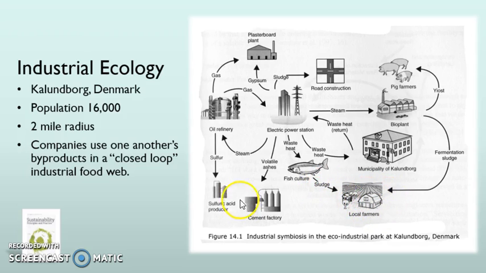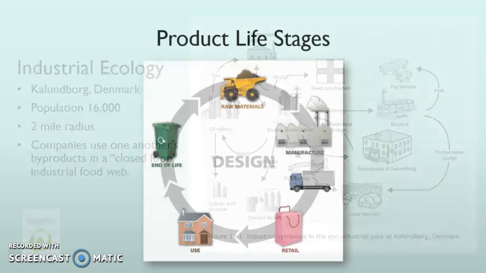So that's kind of interesting. Another relationship you'll see here is that sulfur is a byproduct of oil refining. Instead of letting that into the environment, it's actually sold to a chemical company that makes sulfuric acid, which has a lot of applications. So pretty cool example. You could read more about that in the book.